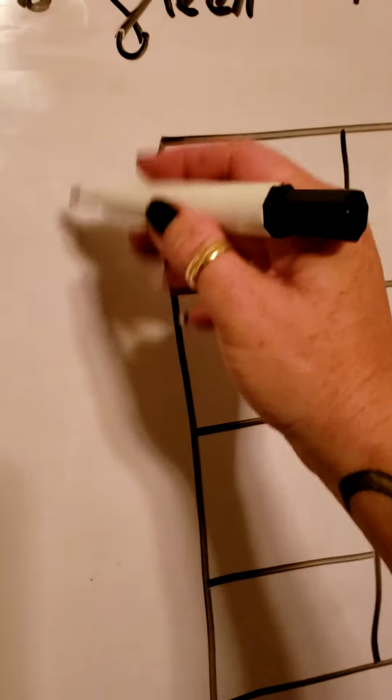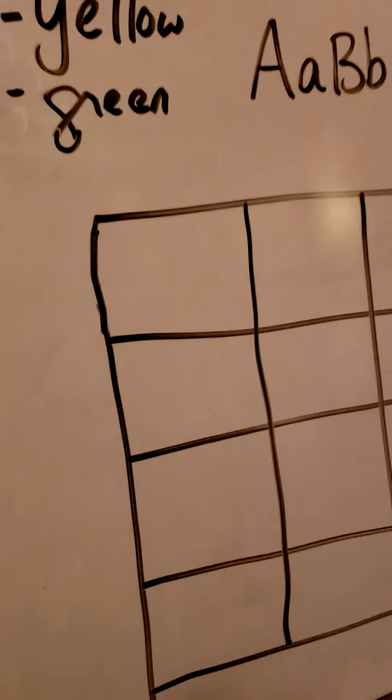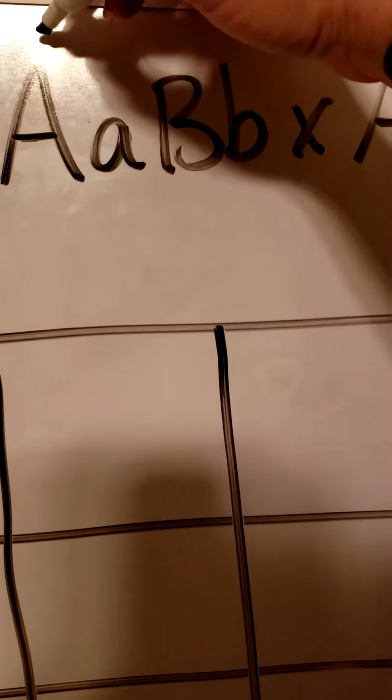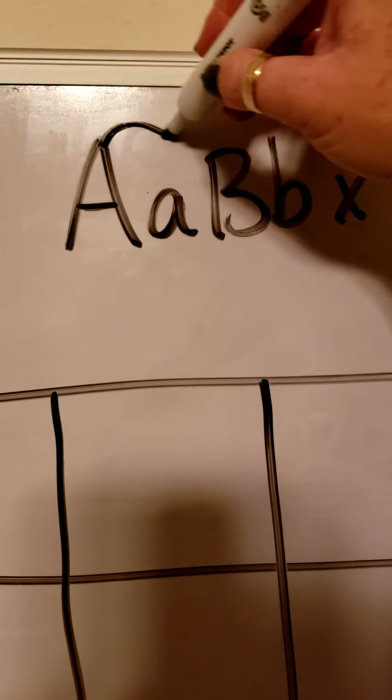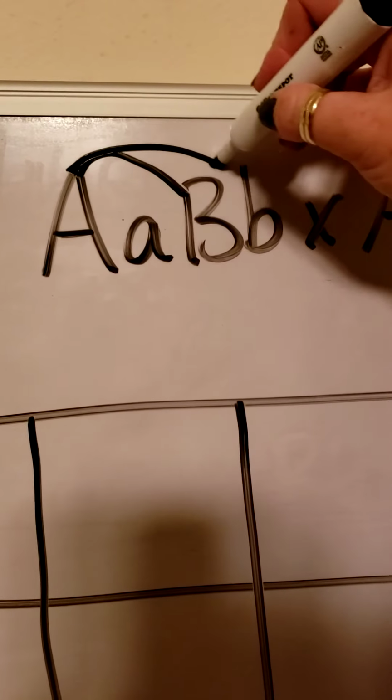But typically you guys will want to go here and start putting down alleles, and we cannot do that. The first thing that you have to do in a dihybrid cross is distribute the alleles. So we're going to go ahead and distribute the alleles right now. To distribute alleles, this is kind of like what you do in math. We're going to go from this big A here to here, here to here.